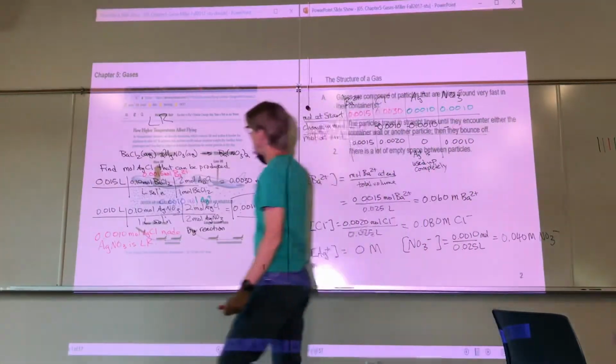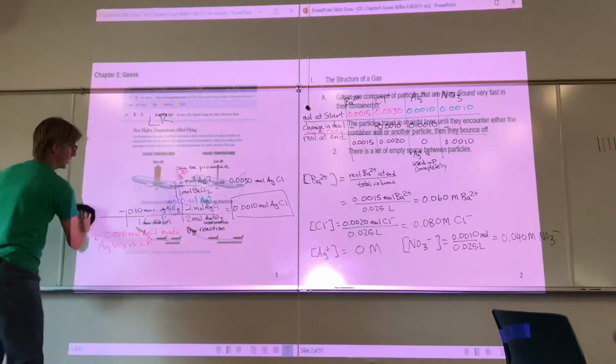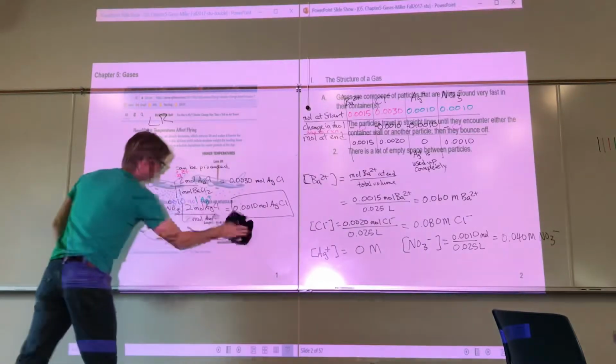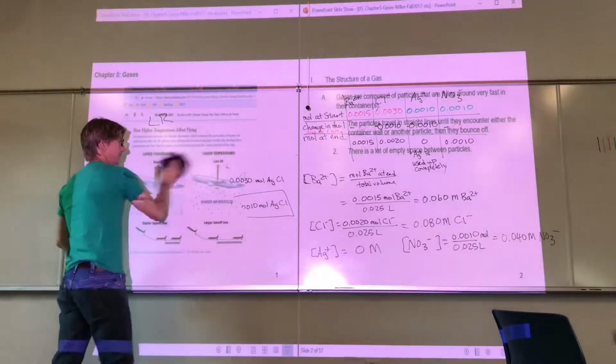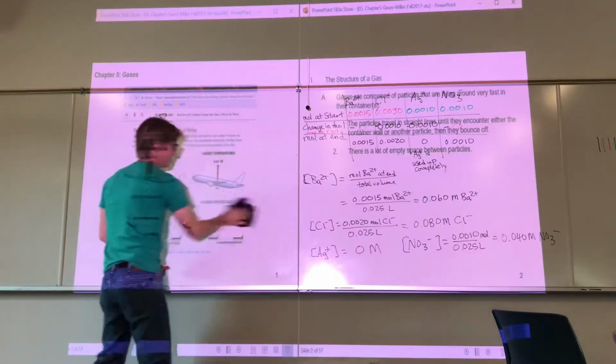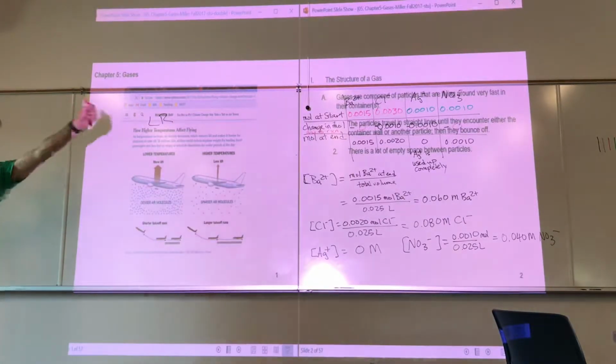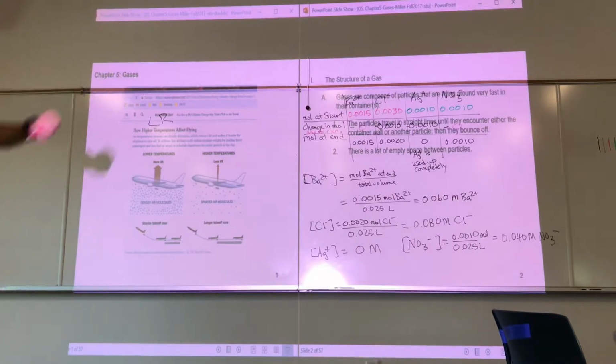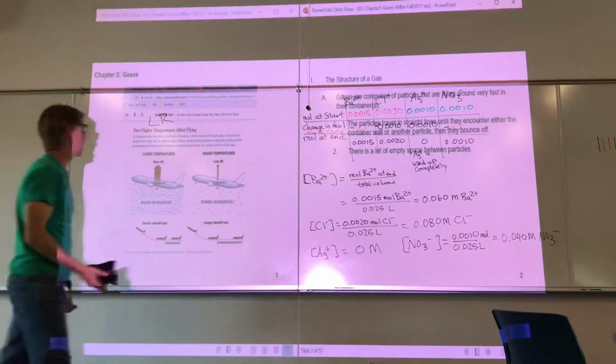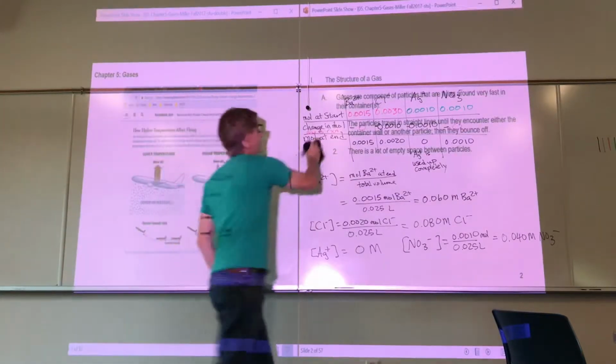Chapter 5 is all about gases. It turns out that in many ways, because the gas particles are relatively far apart, gases are the easiest pure phase to understand in depth, and that's why we're going to start there.